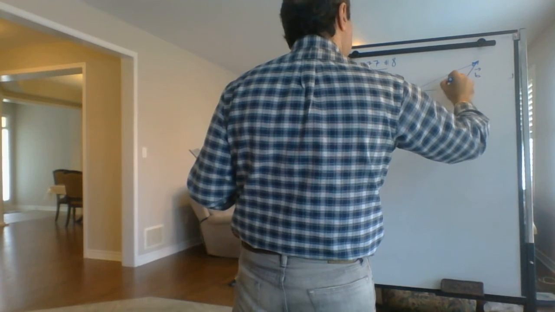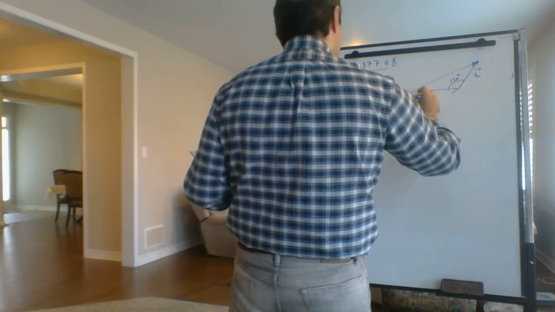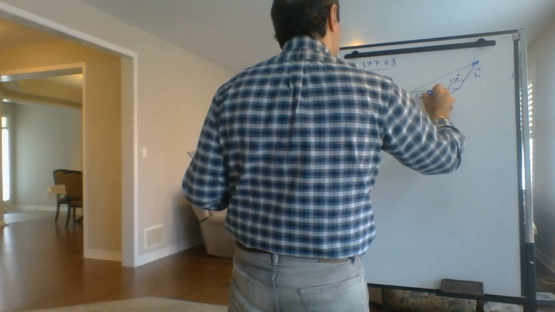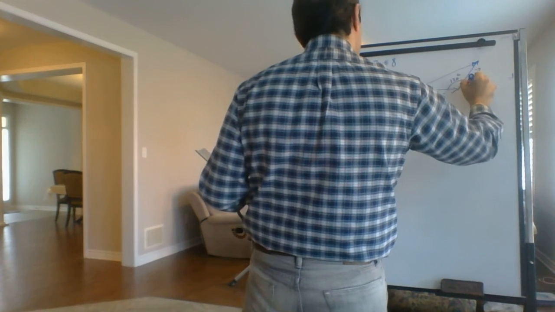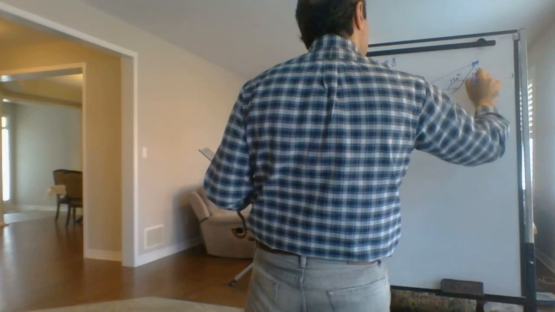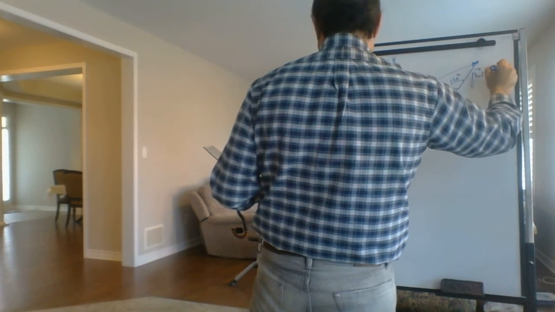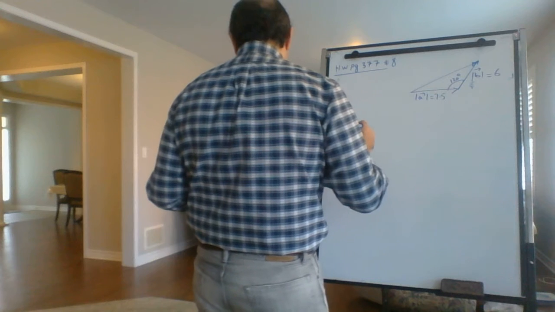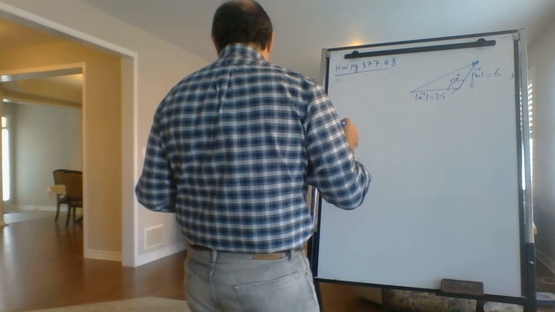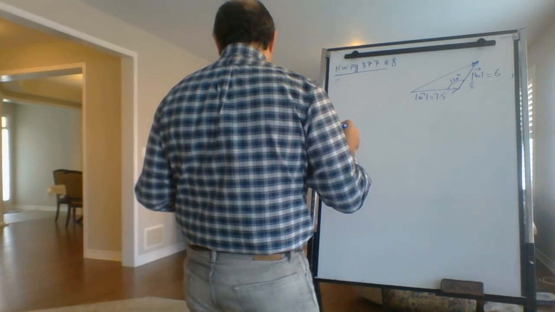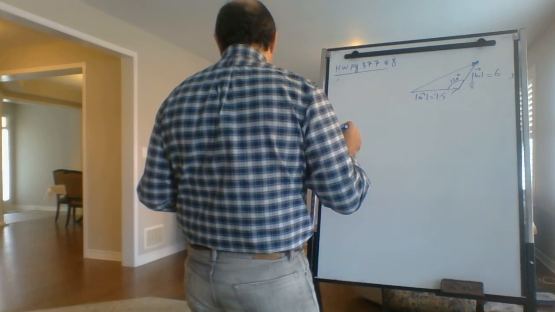The angle here is 120. The magnitude of A is 7.5. The magnitude of B is 6. For the two magnitudes shown in the diagram, calculate the dot product.